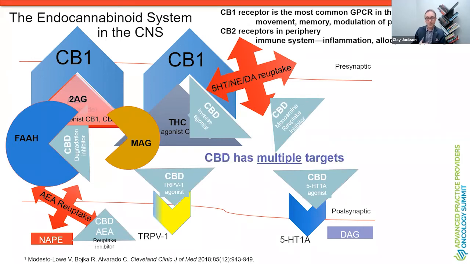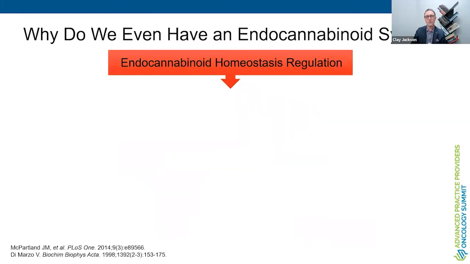Let's summarize it by saying that CBD and THC both have multiple targets. This is a complex system of equilibrium, homeostasis, and allostasis. And therefore, pharmacologic influence on this system gets complicated because it's a pinball machine. There are lots of moving parts, and it's not just a simple ligand and receptor phenomenon.